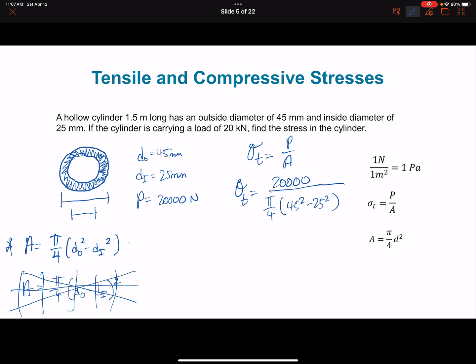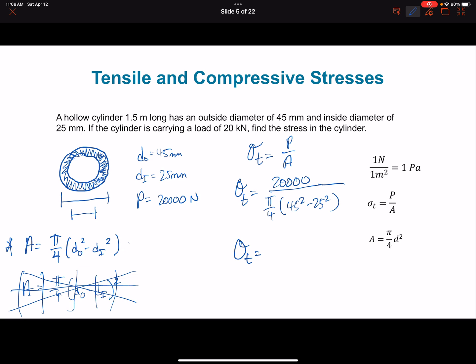And this is going to be one of those calculator situations where it may take a couple of tries to get this into your calculator correctly. So we take 20,000, we divide it by pi over 4, and then we divide it by 45 squared minus 25 squared.